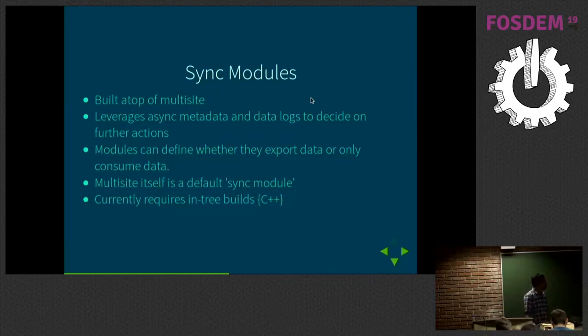The default RGW multi-site itself is defined as a sync module, which is the default sync module you run when you create an RGW. And currently, all sync modules are written in C++ and require same-tree builds.